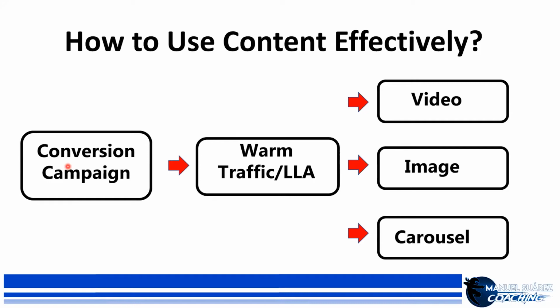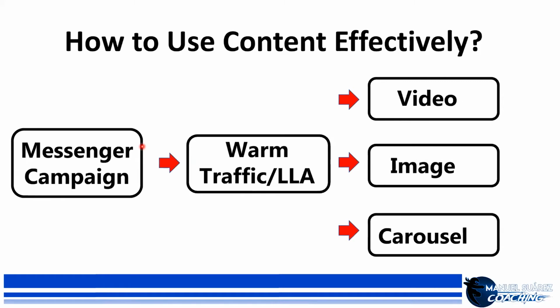So you want to go for a pixel journey from view content, add to cart, initiate checkout, and then have those initiate checkouts purchased. So it's a step-by-step process on seasoning your pixel, or having your pixel learn who your desired audience is. That way in the future, once you start a conversion campaign for purchase, it would already know who and where to show your ads to.